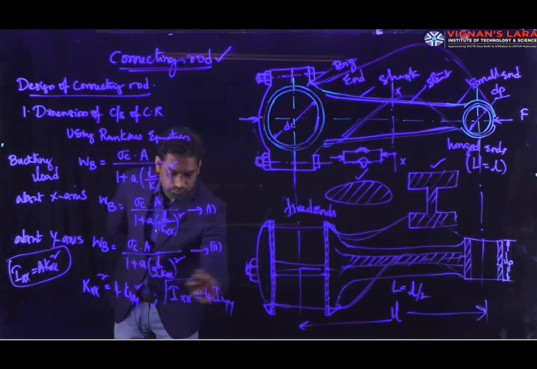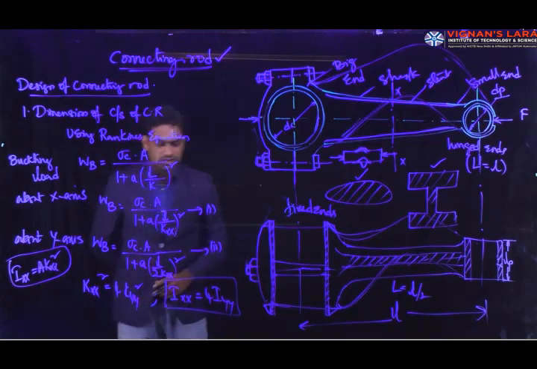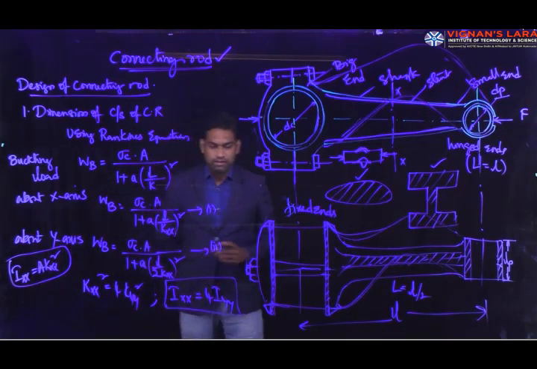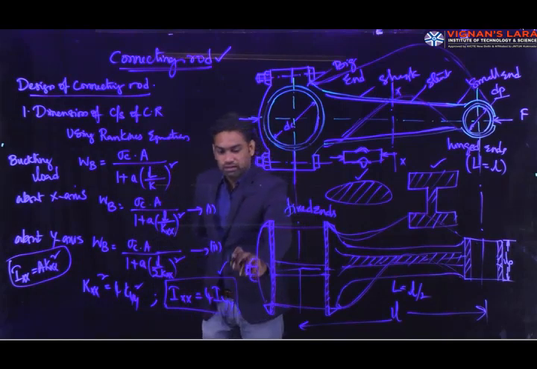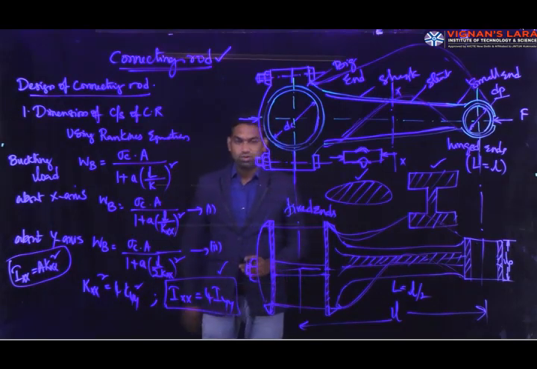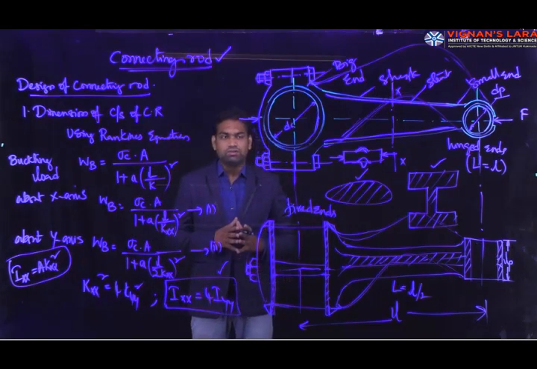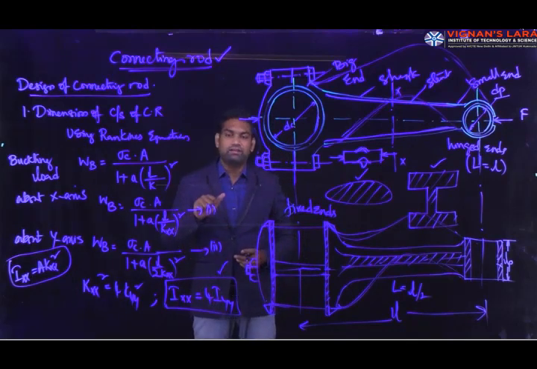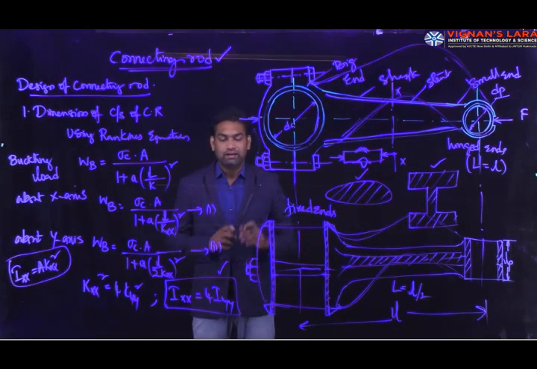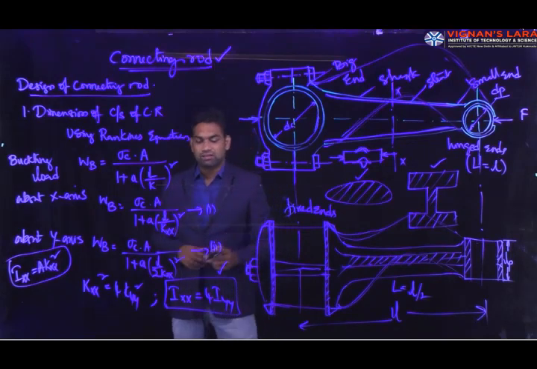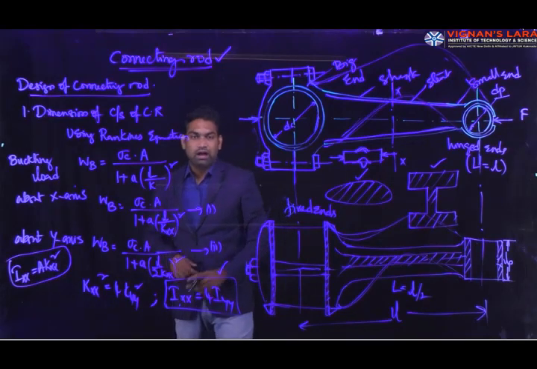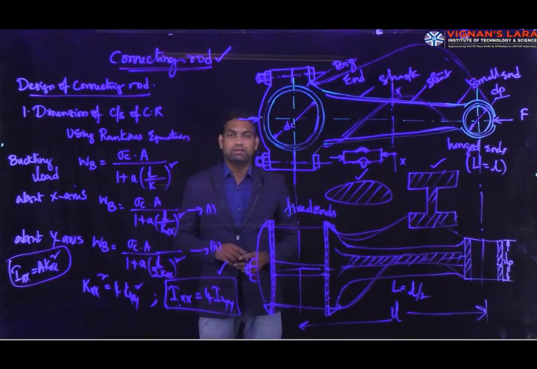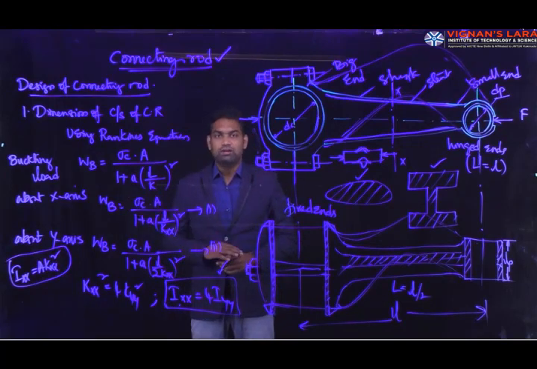So this statement clearly gives the idea of buckling action, how much strength it should have. It clarifies that the connecting rod has 4 times greater buckling strength about the y-axis compared to the x-axis.